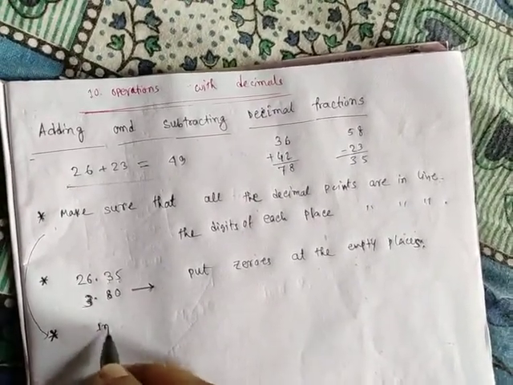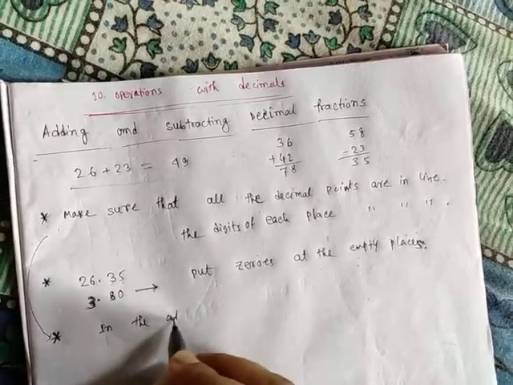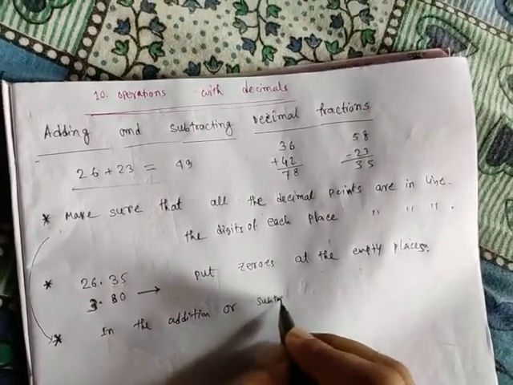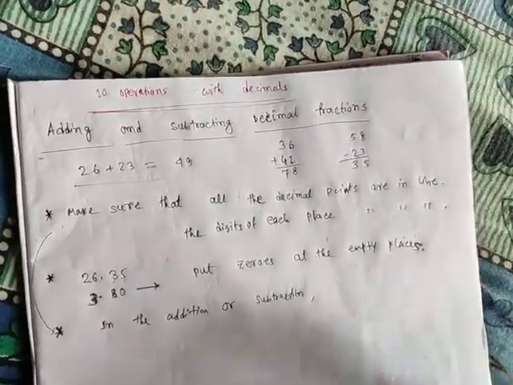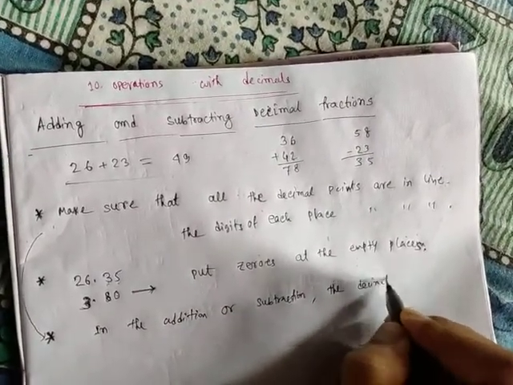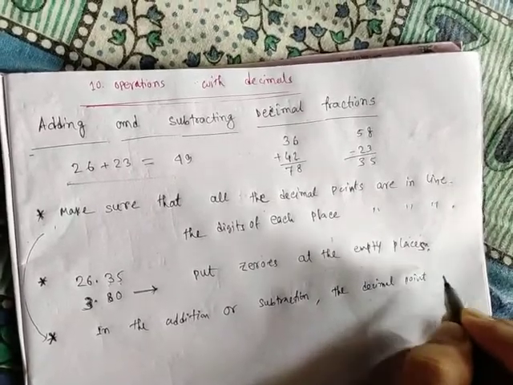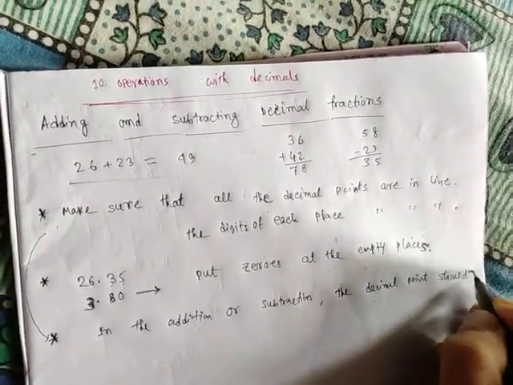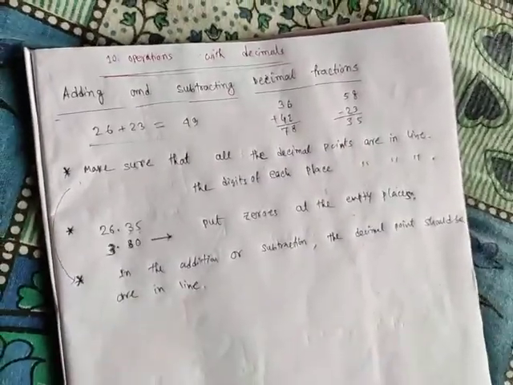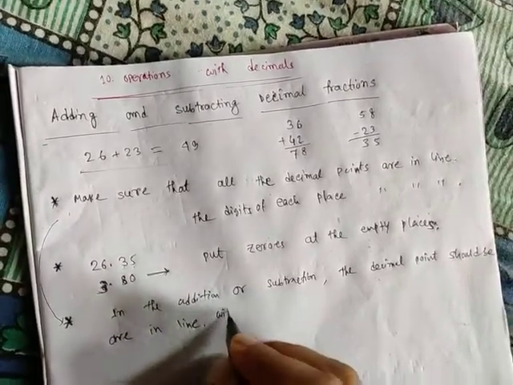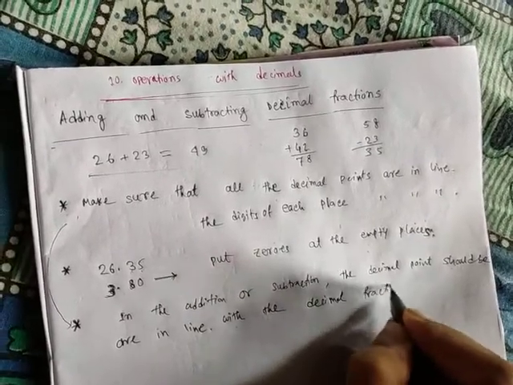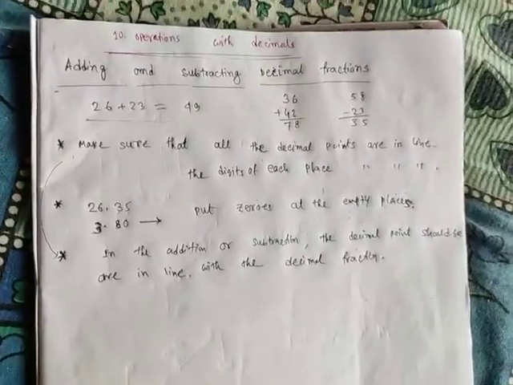In the addition or subtraction, that means in the result actually, the decimal point should be in line with the decimal fractions. So first try to understand these 3 points.